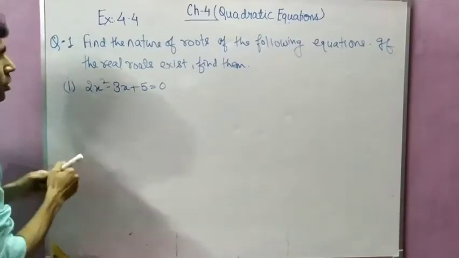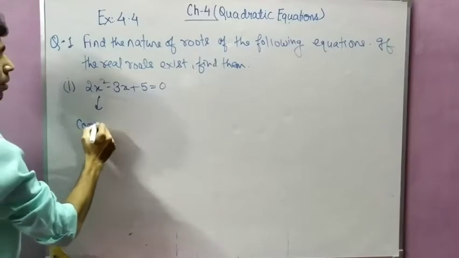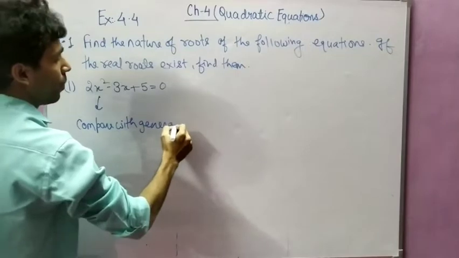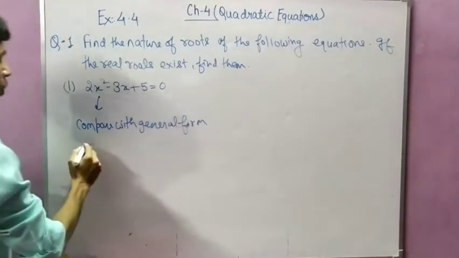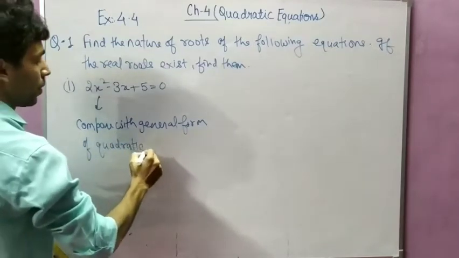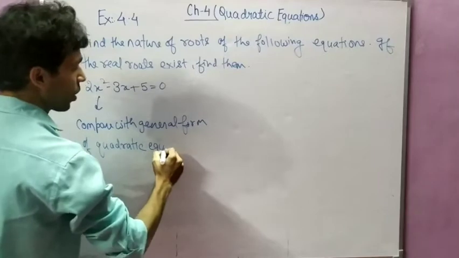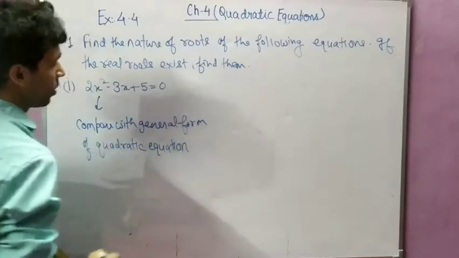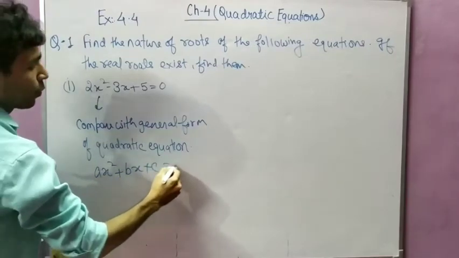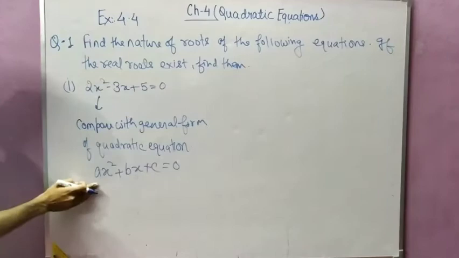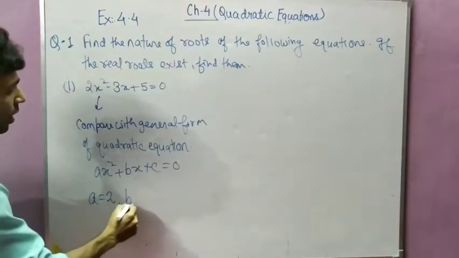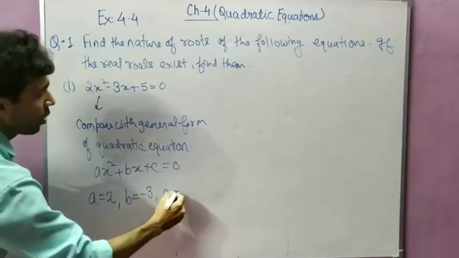First you will compare this equation with the general form of a quadratic equation, which is ax square plus bx plus c equal to 0. After comparing, the value of a is 2, the value of b is minus 3, the value of c is 5.